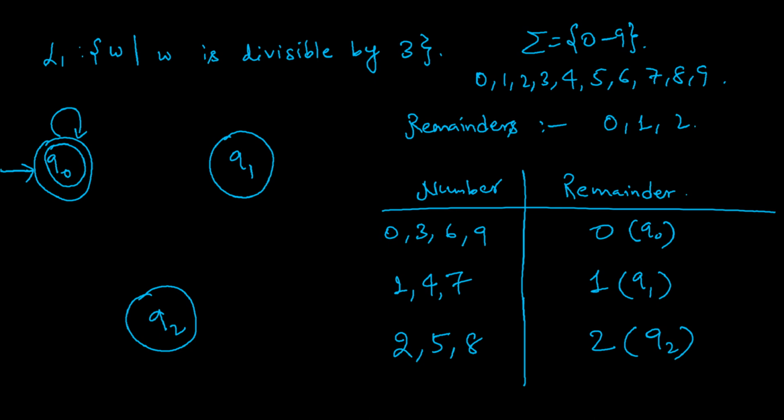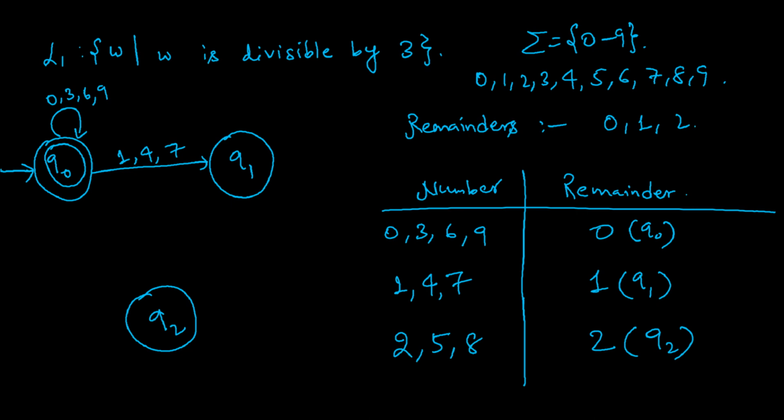So if you get 0 or 3 or 6 or 9, it is still divisible by 3, so you will stay at Q0. Now if you see 1 or 4 or 7, the remainder should be 1, so it goes to Q1, and Q1 represents remainder 1.